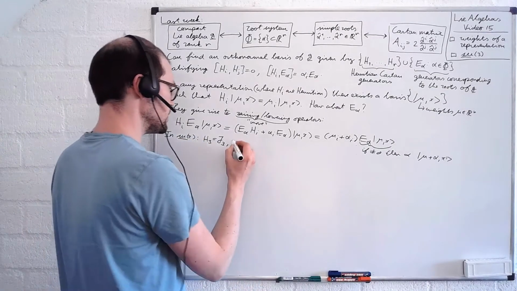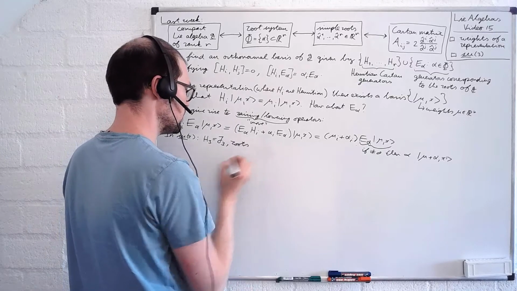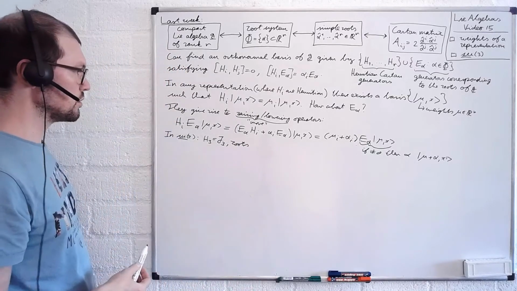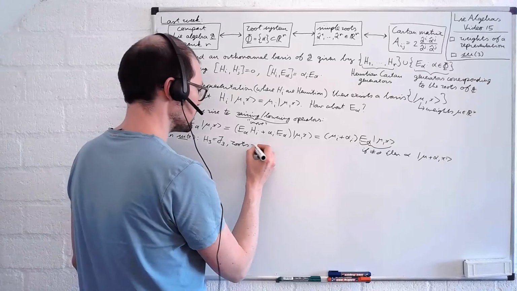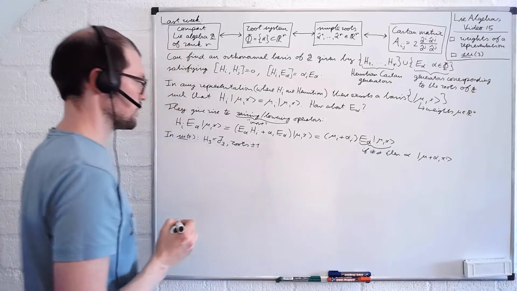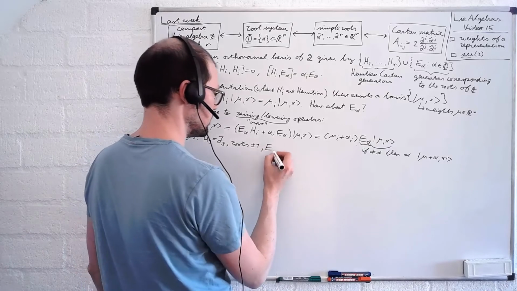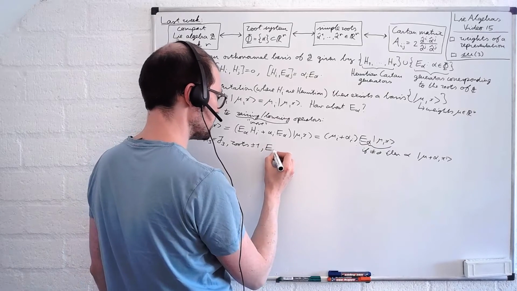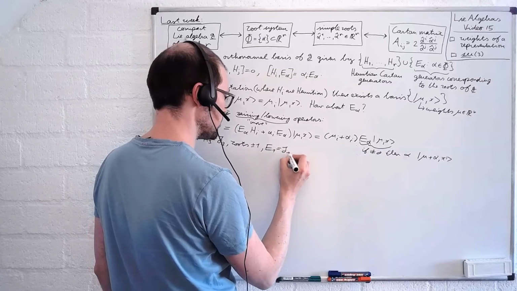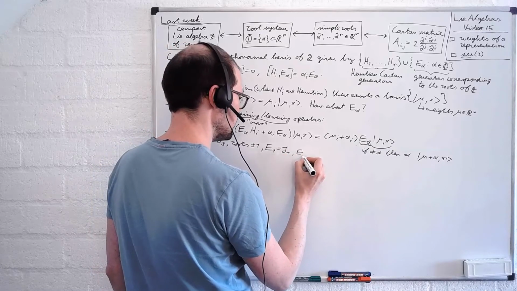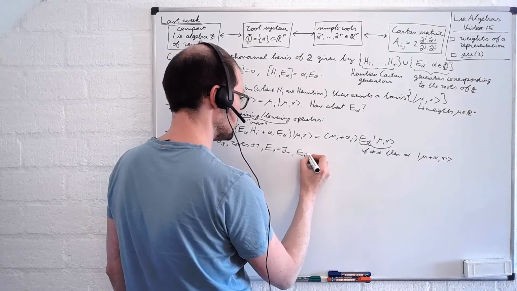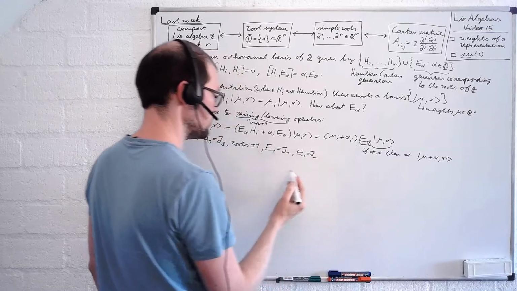Or first let me say that the roots of SU2 are plus or minus 1, with the corresponding generators being J plus and J minus. So E1 is J plus, and E minus 1 is J minus.